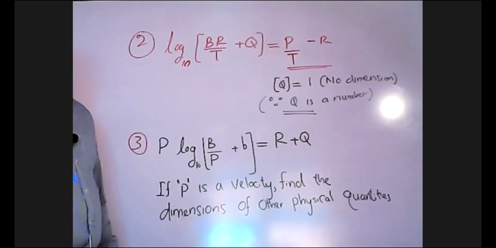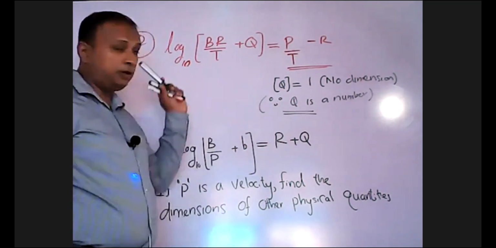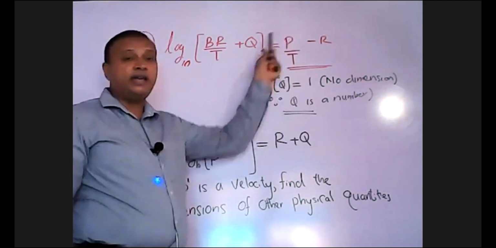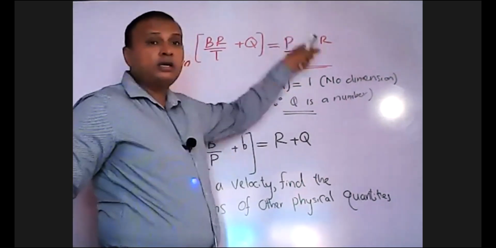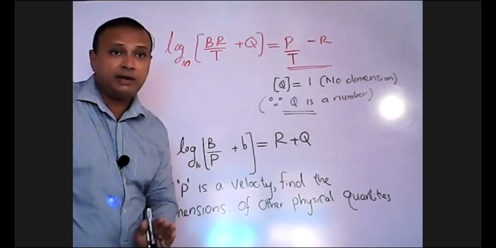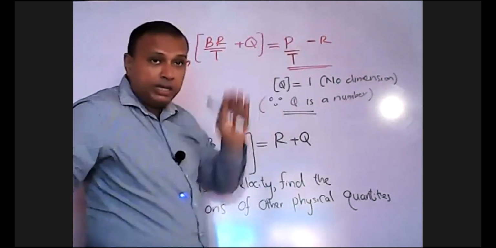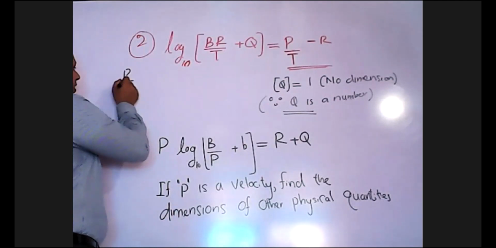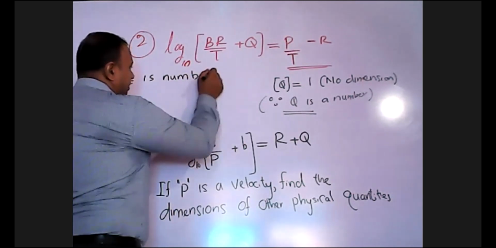Then, now I know the dimension of R and the dimension of Q. And we are given the dimension of T as T. Then we can use that to find the dimension of P. P over T should be a number, no, Buddha? It should be a number because this equals a number. So P over T, the entire part, is a number.